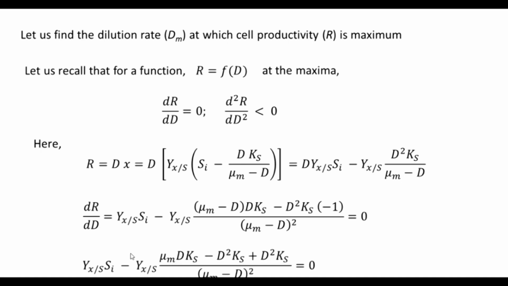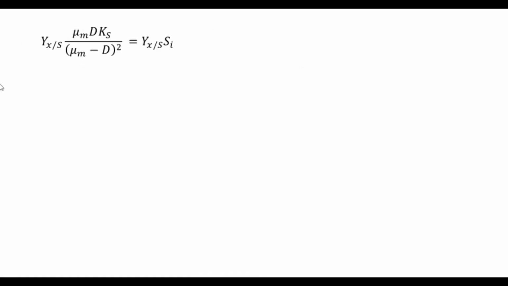Therefore, we get Yxs Si minus Yxs, this is just grouping the terms appropriately, mu m 2DKs, which is the first term, minus 2D squared Ks plus D squared Ks, these two are going to drop out, times mu m minus D squared equals 0, and that is what we have here. This is just transposed to take one term to the other side.